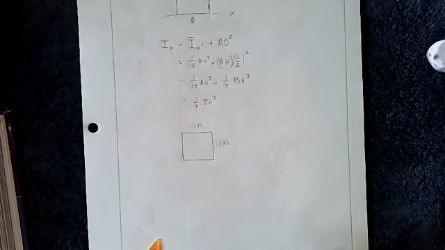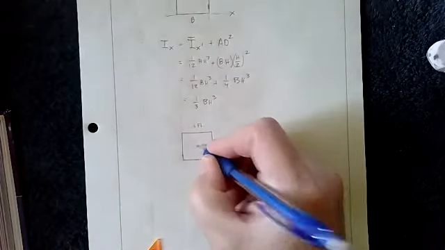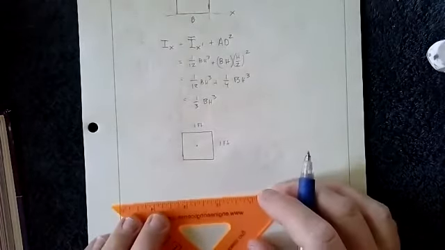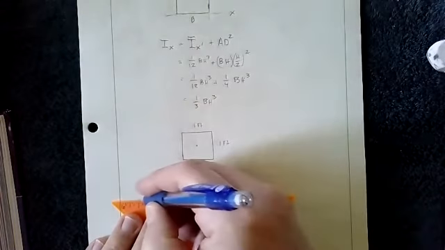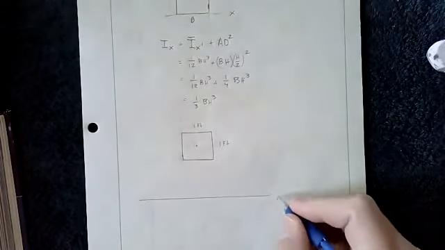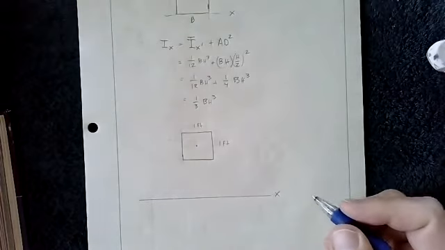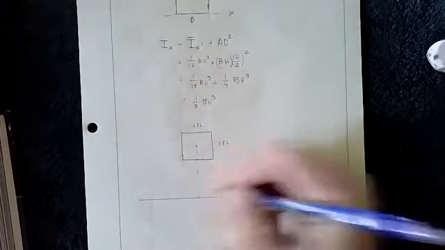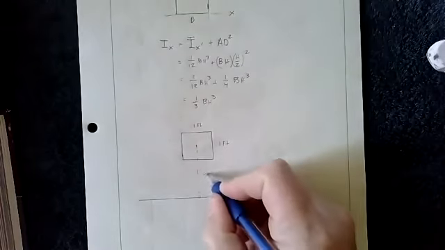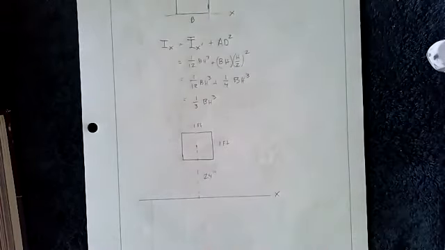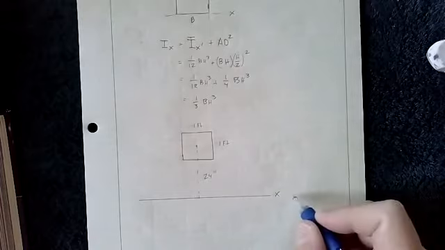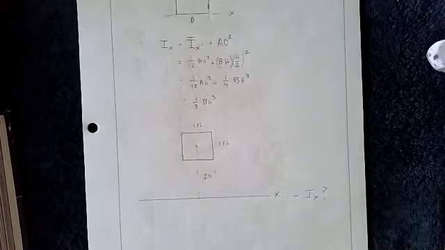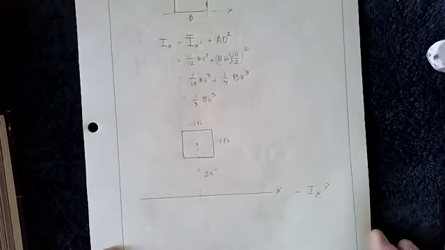And we're going to say that here's the center, and we're interested in finding the moment of inertia about this axis down here. So we know that the distance between here and here is 24 inches. So we want to know what is that moment of inertia.